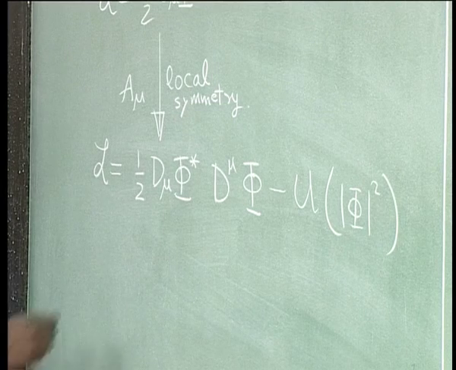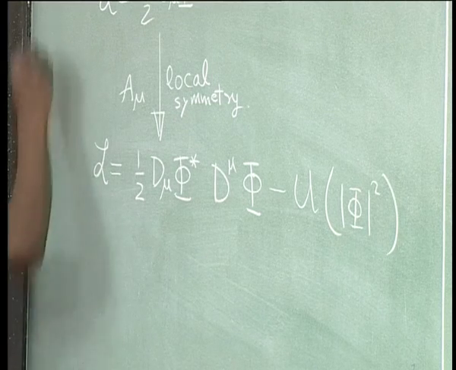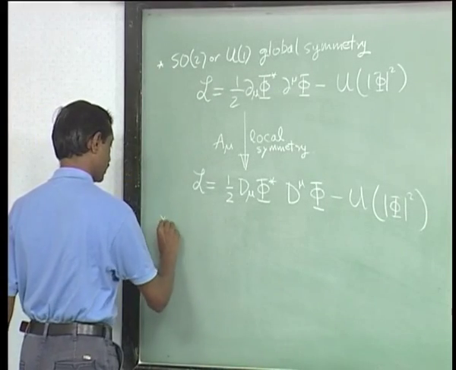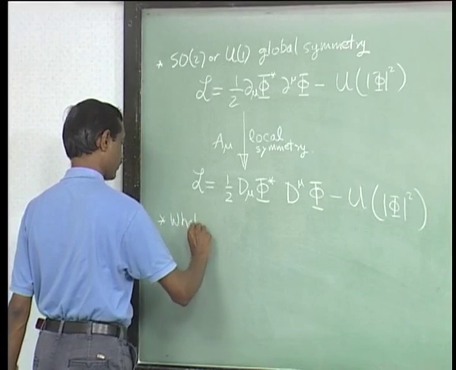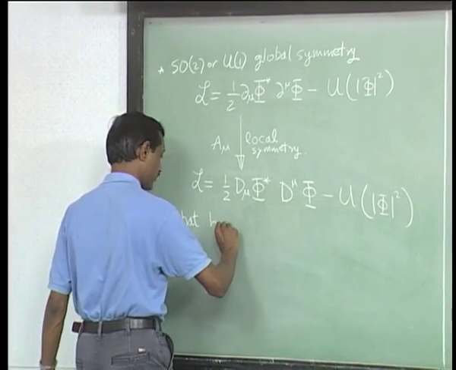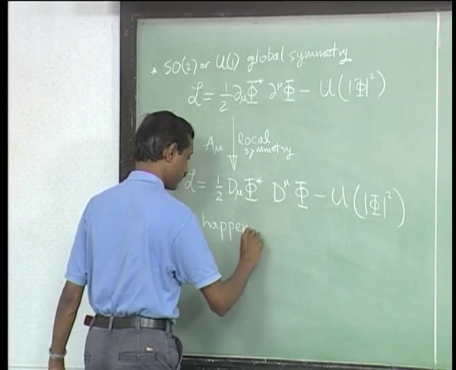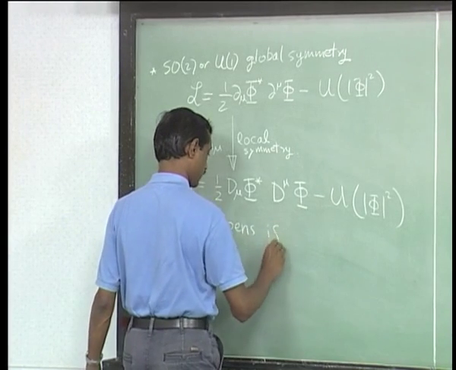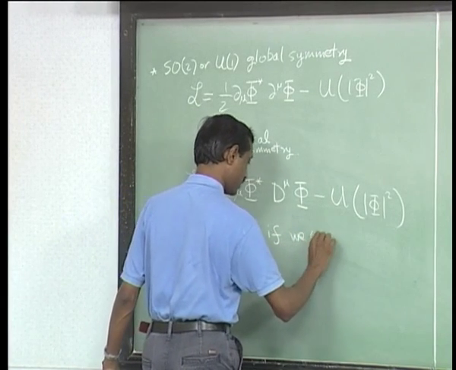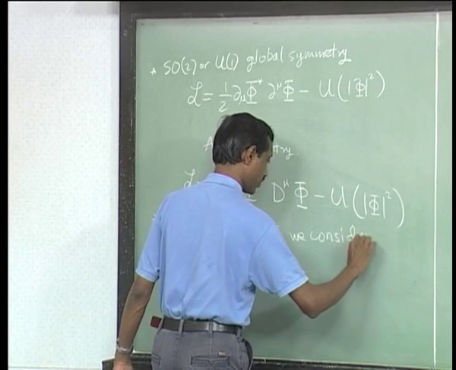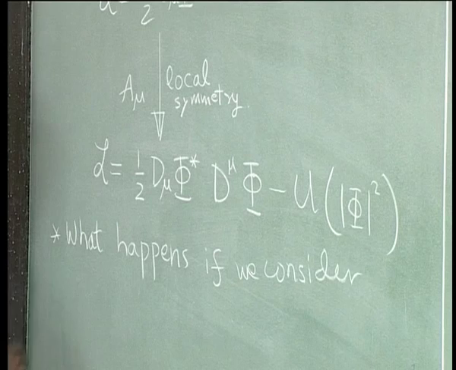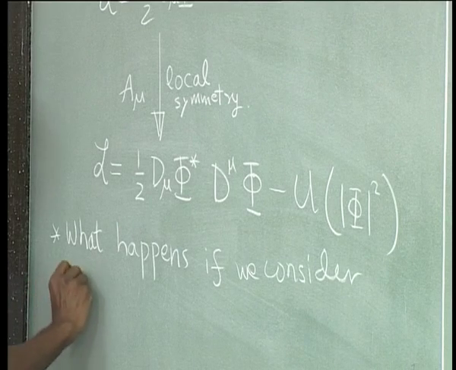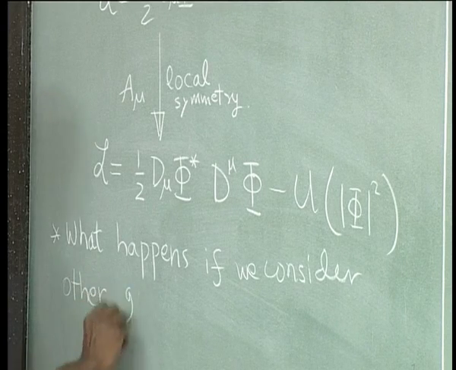Okay. So now the question is, what happens if we consider some other, I mean more importantly other, global symmetries.